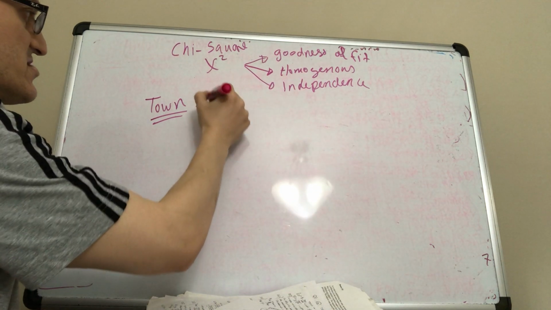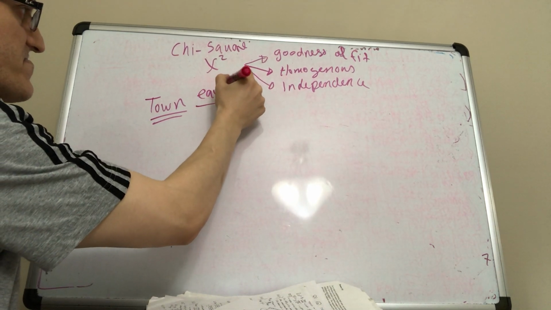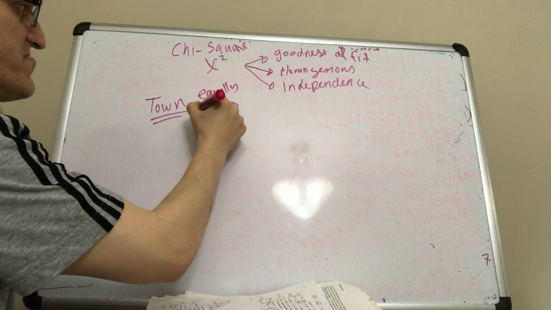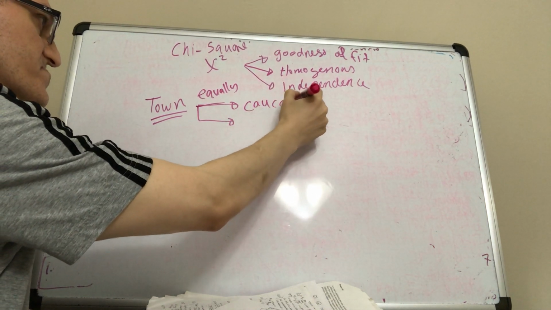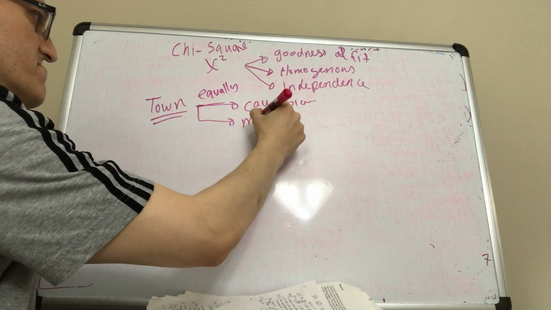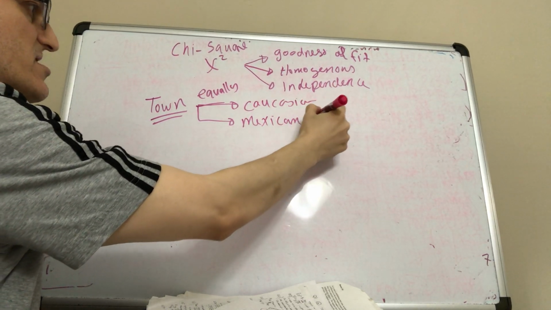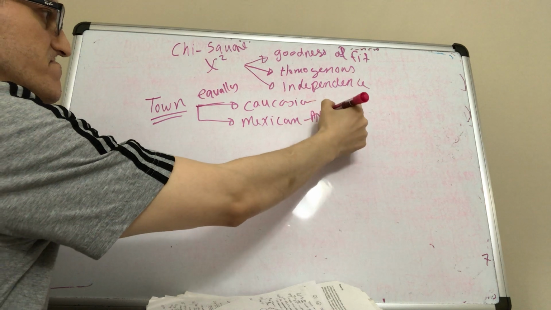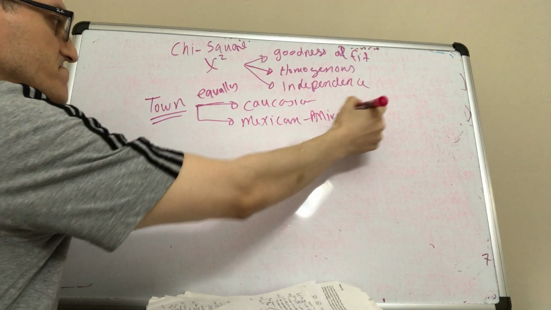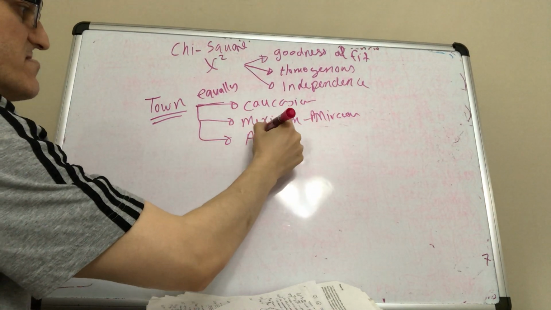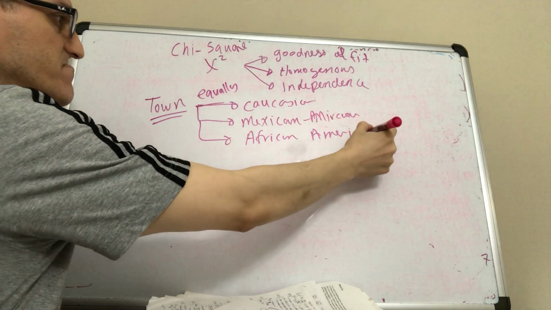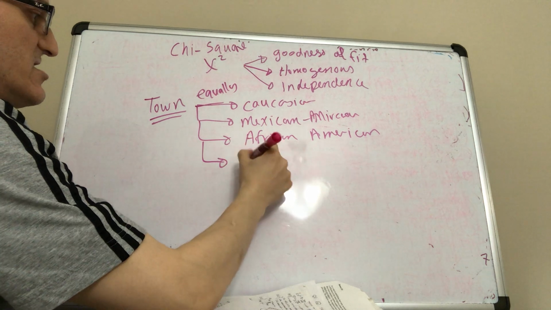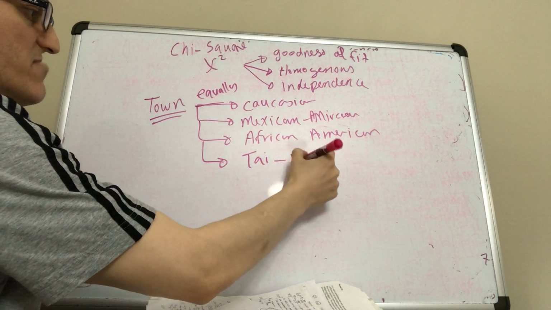They believe that it's equally likely to have people that are Caucasian, Mexican American, African American, and Taiwanese American.